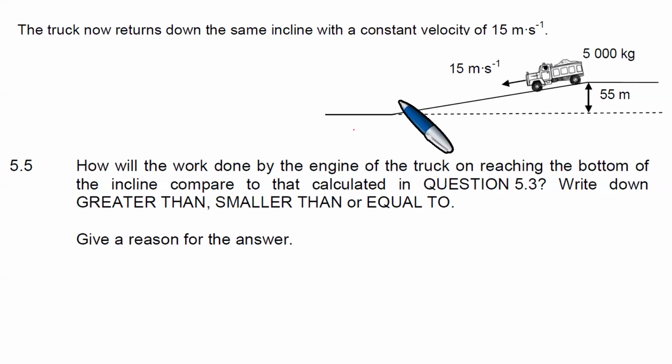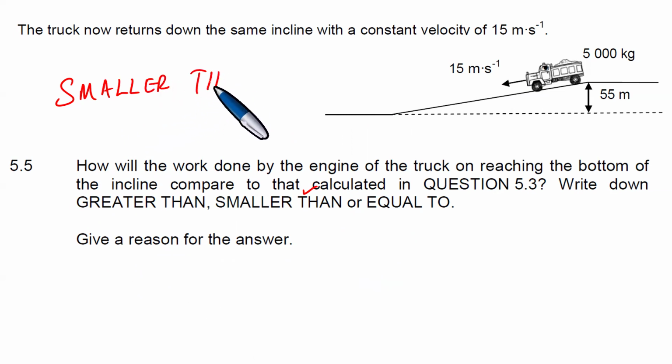Because it is going downhill, it means that it is easier for the truck to go down than to go up. Because if you go up the stairs, it's more difficult than to just go down. So it's easier to go down. And therefore, the correct choice would have to be smaller than. It is exactly smaller than.